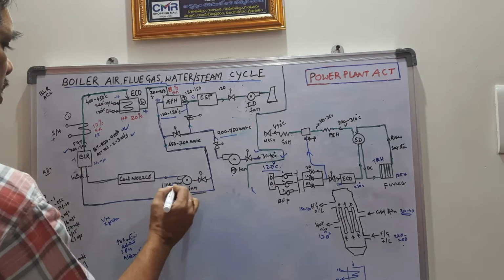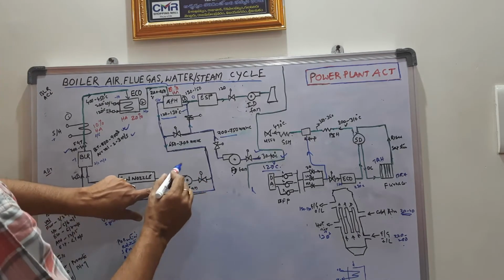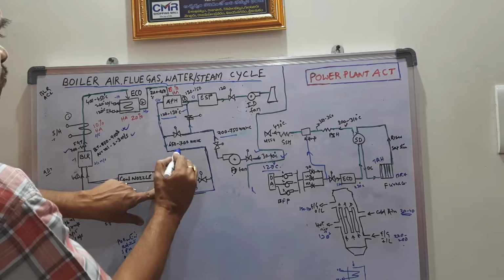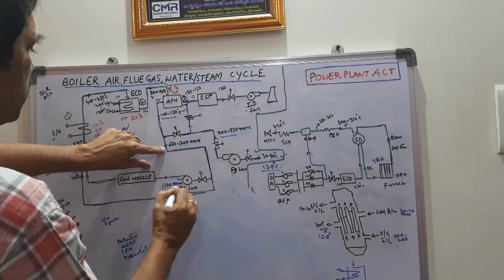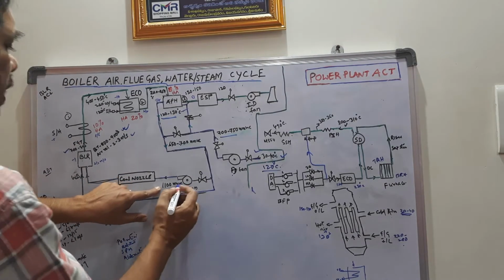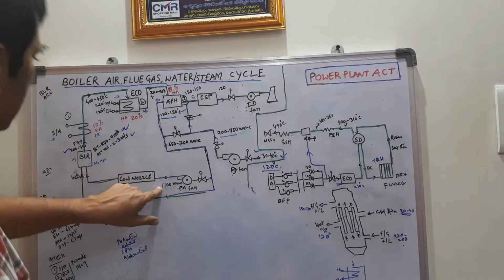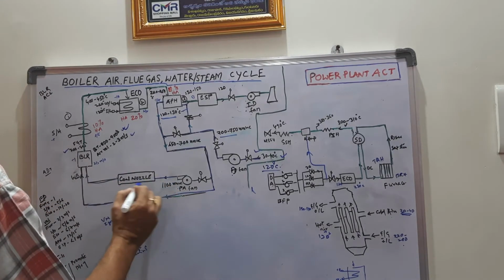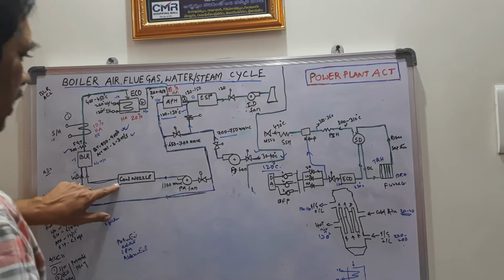At the outlet of the PF fan, the pressure of the air is increased from 650 to 700 mmWC to 1100 mmWC. That means pressure is increased in the primary air fan, and this air is fed to the coal nozzle.